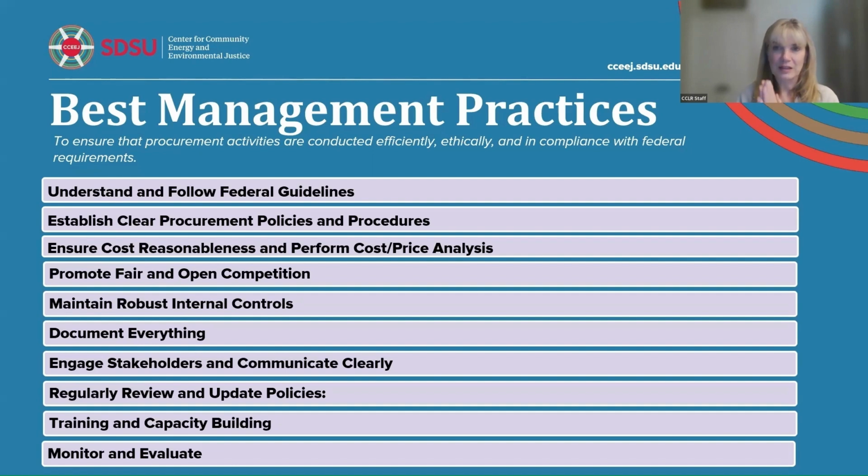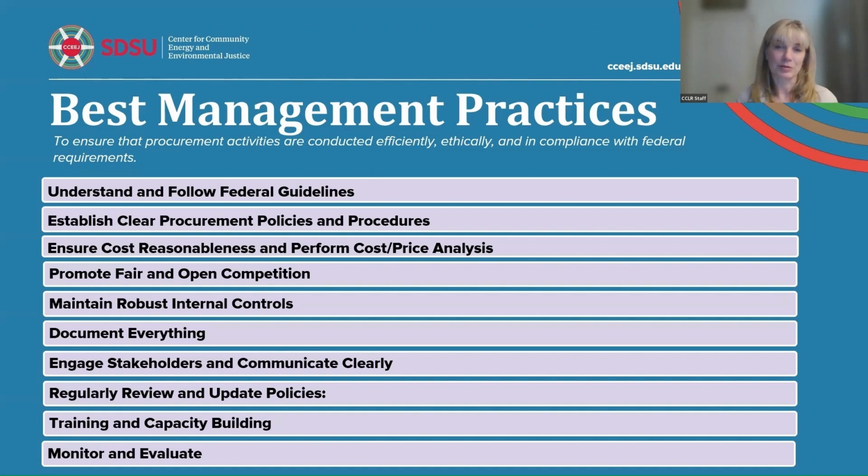If you do the understanding, right, and follow federal guidelines, you establish clear procurement policies and procedures, you ensure cost reasonableness and perform cost price analysis. You're always promoting fair and open competition, right? You're not having restrictive language in your proposals. You are maintaining robust internal controls, right?